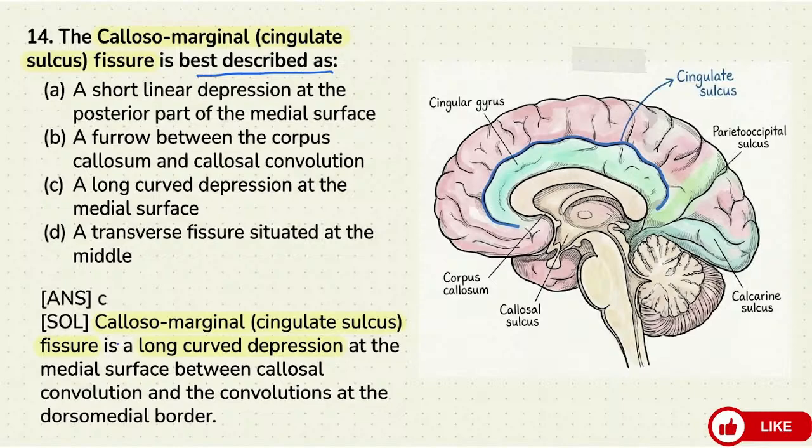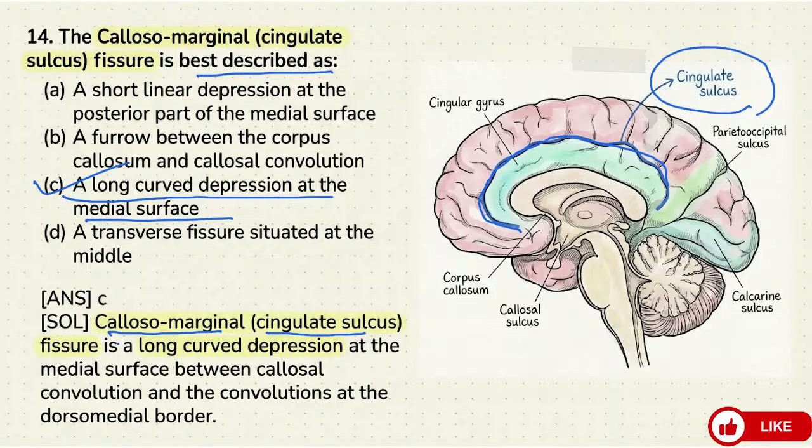So you can see, this is the answer: a long curved depression at the medial surface. The calloso-marginal or cingulate sulcus is a long curved depression at the medial surface between the callosal convolutions and convolutions at the dorsomedial border.